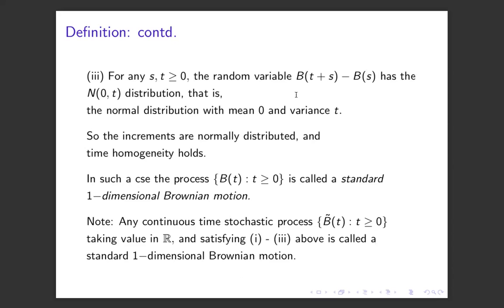And not only will we call this process a standard Brownian motion, if you anywhere come across a continuous time process, let's say B tilde, taking values in the real line and satisfying the three properties above, such a process is called a standard one-dimensional Brownian motion. So such a process and this B will be similar in law.